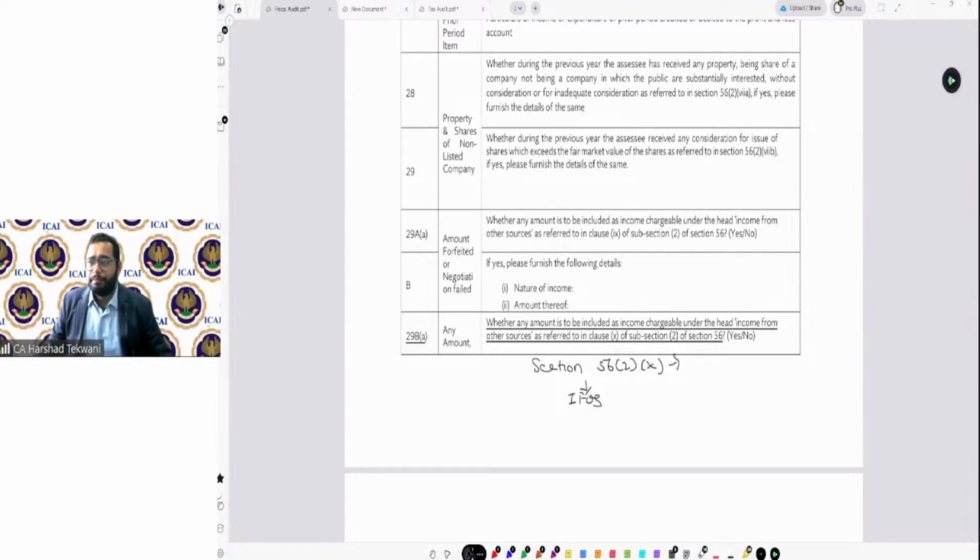That is 56(2)(x), and that item is treated as income from other sources.